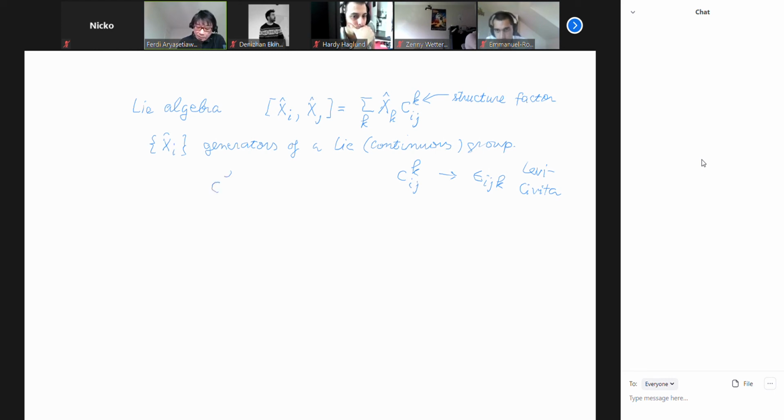This structure factor has the property that it is antisymmetric in the lower indices, and then we can form a symmetric quantity in this way. So I'm summing over k and l, and you can easily see that this is symmetric in j and i from the fact that this is antisymmetric.